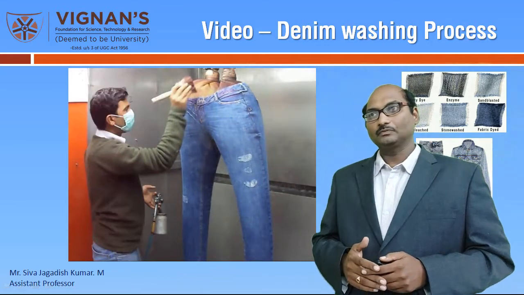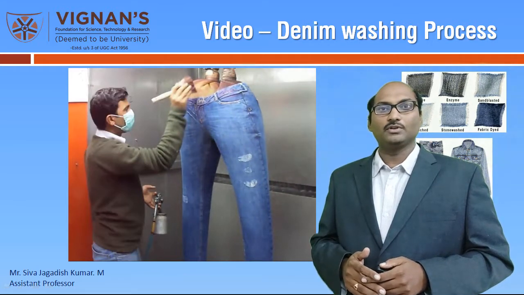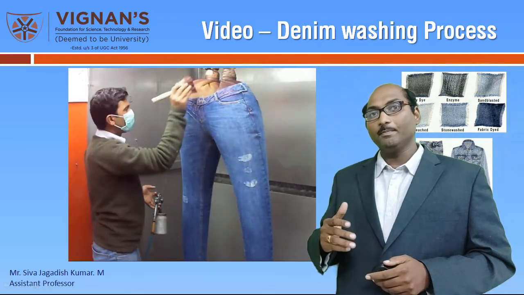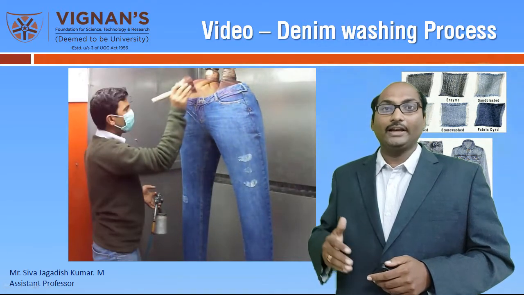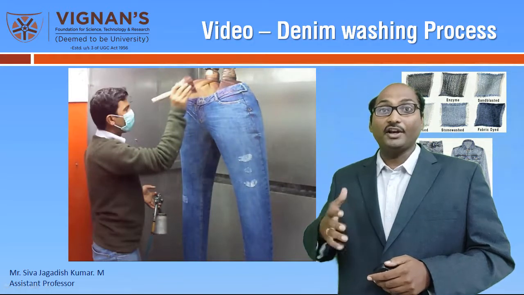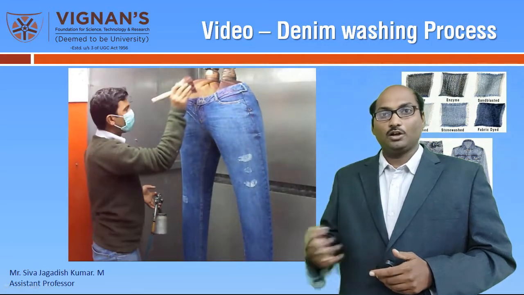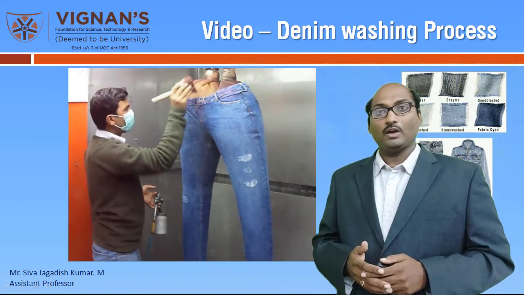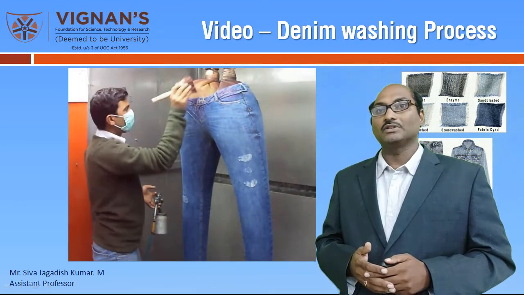Even Levi's is one of the brands which is very popular for denims, where the denim pair will be kept on a rail track, basically in order to create that feel and to make it as a shorts, isn't it? So in the physical also it actually happened.